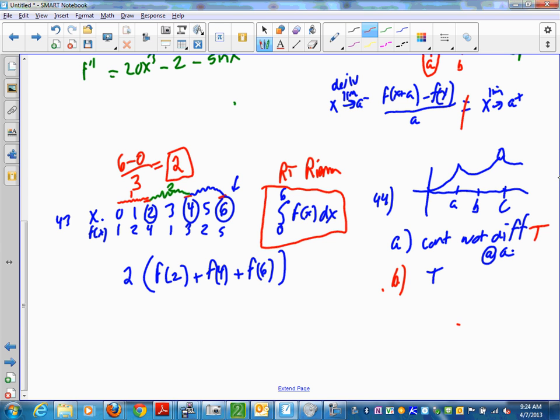So let's take a look at C. See how C pans out. C says f of A is defined, but f of C is not. F of A has a point, and f of C does not. And you can see that for f of C, there's no point on the graph.